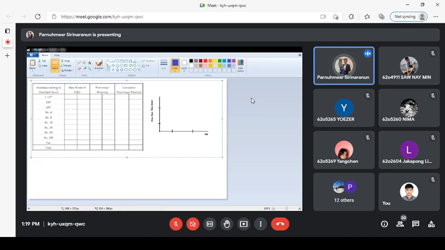Everybody, are you ready? Don't write down your ID and your name in the preparing pictures, okay? Prepare your table, prepare the graph, and your equation for how to find your average aggregate size too, clear?